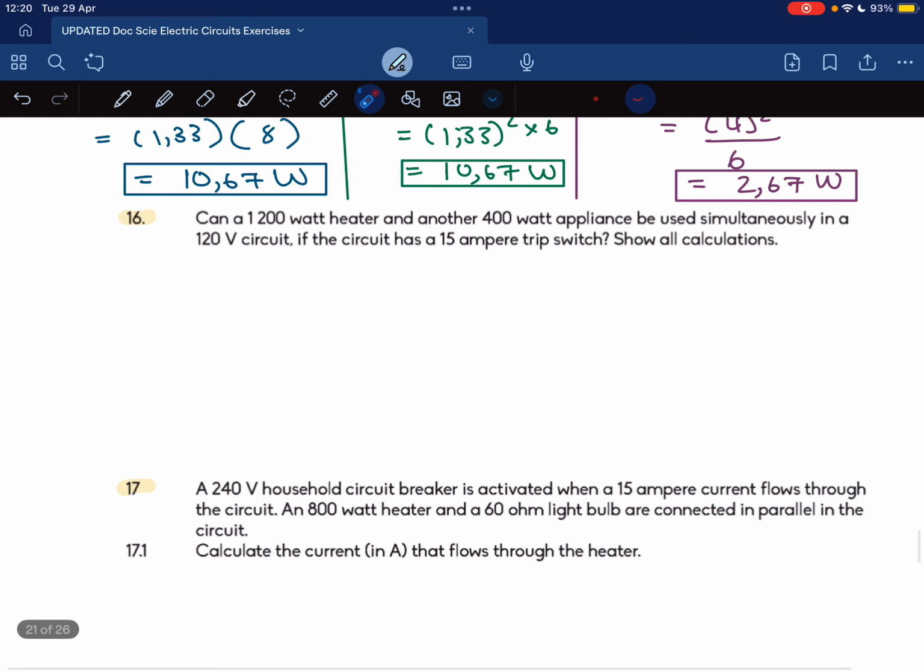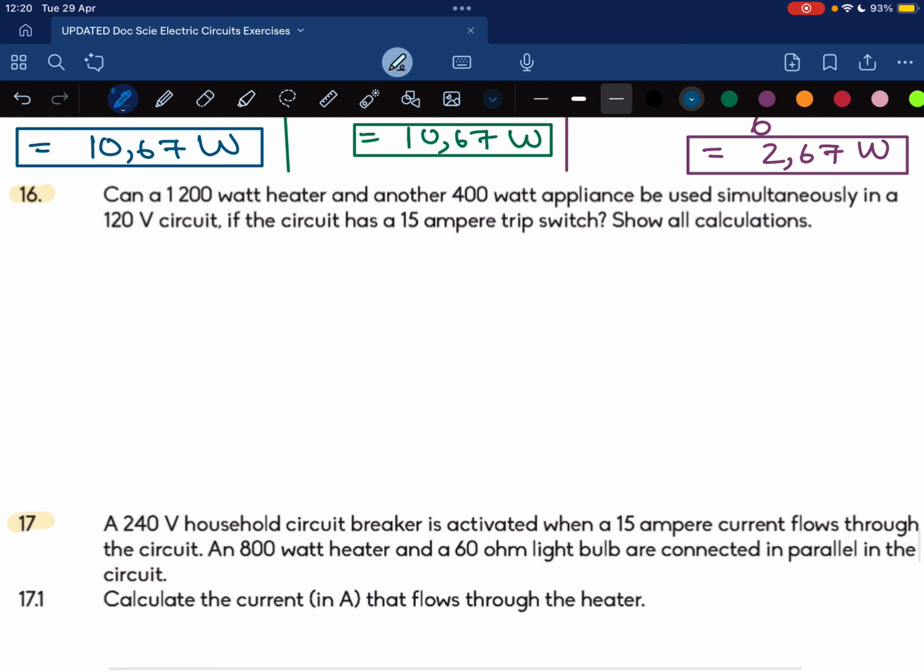Okay, so let's read through number 16. It says, can a 1200 watt heater and another 400 watt appliance be used simultaneously in a 120 volt circuit if the current has a 15 ampere trip switch? A trip switch means that 15 amps is the max current.